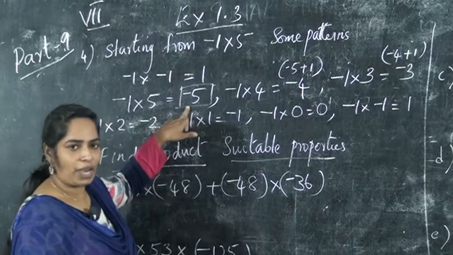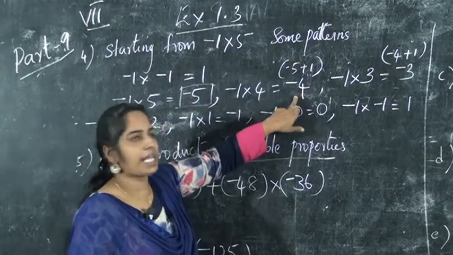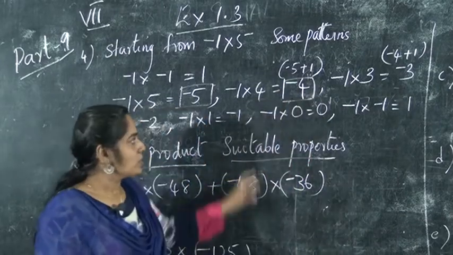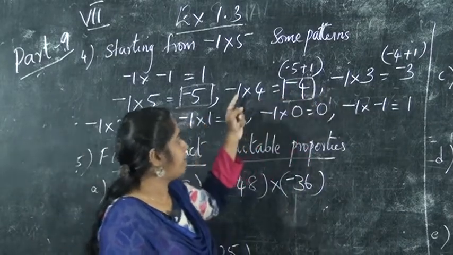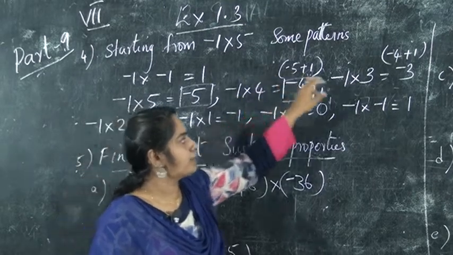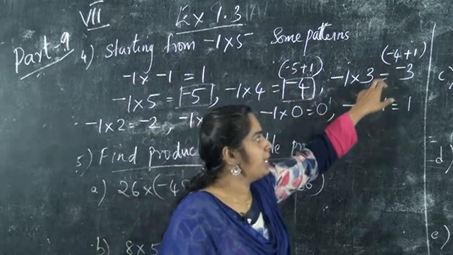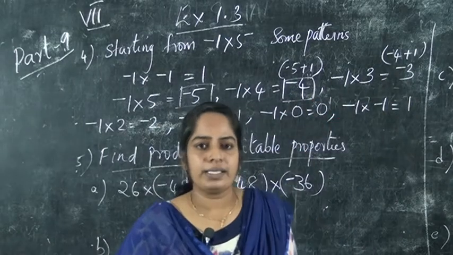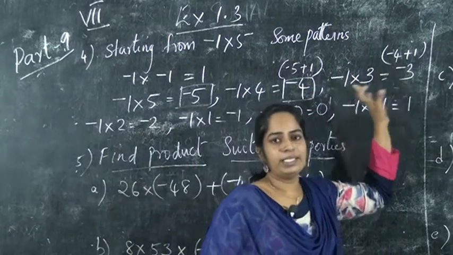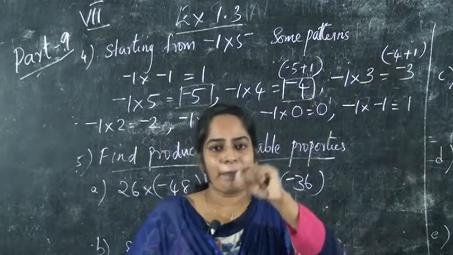This -5 plus 1 is the next answer, that is -4. You all understand? Again we change this number, instead of 4 we wrote 3. So -1 into 3 becomes -3. Again we know -4 plus 1 is -3. So this becomes a pattern, isn't it?